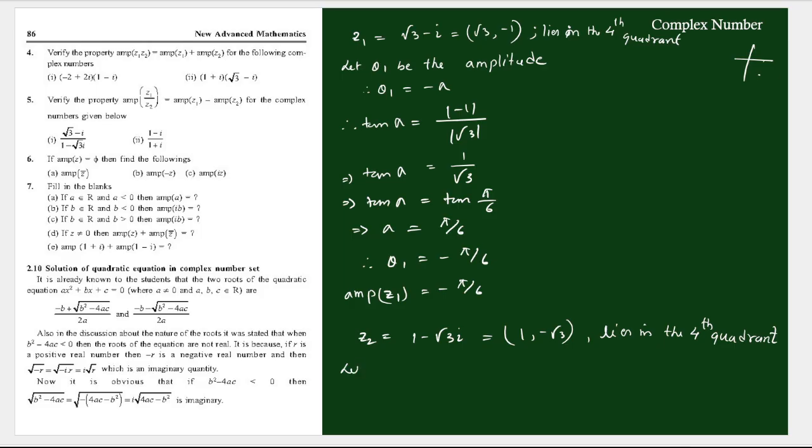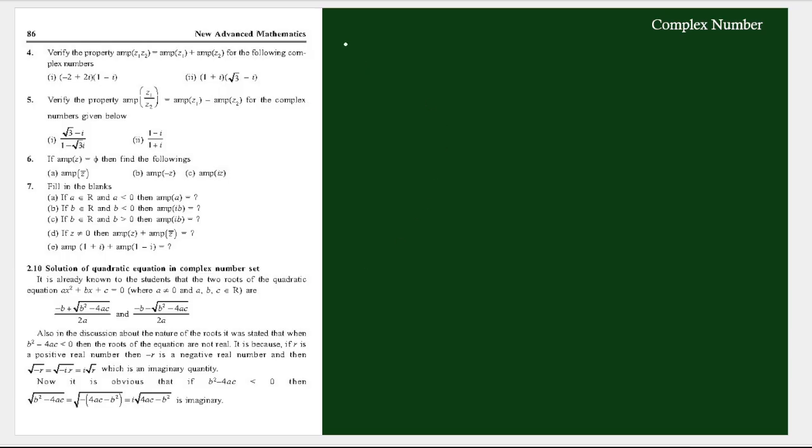So let theta 2 be the amplitude. Theta 2 equals minus alpha. So find tan alpha. Therefore tan alpha equals y, which is minus √3, over x, which is 1.